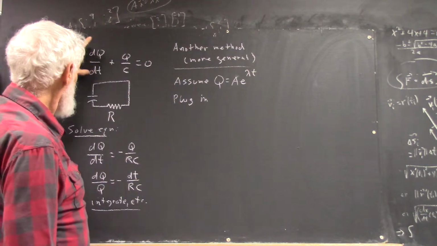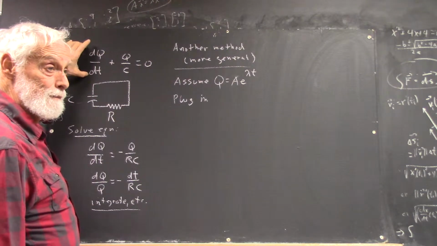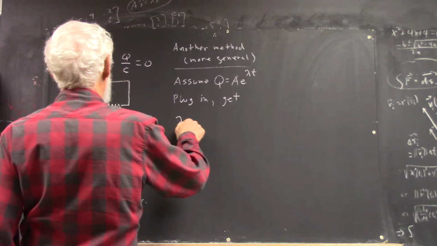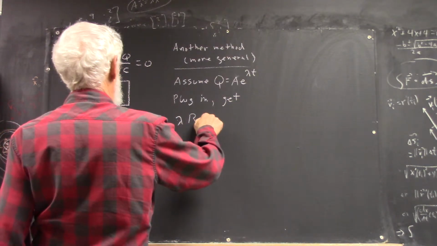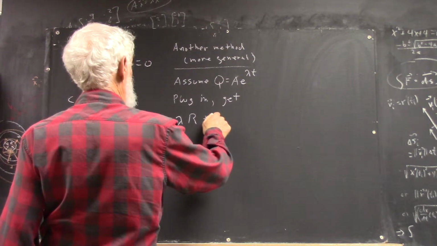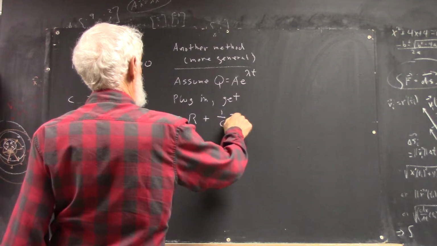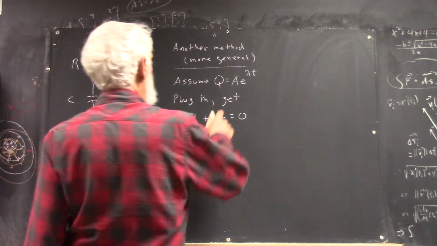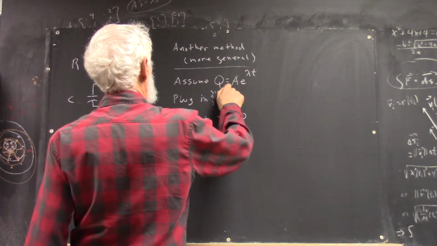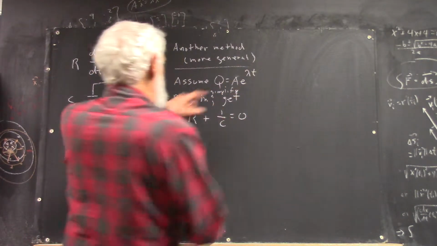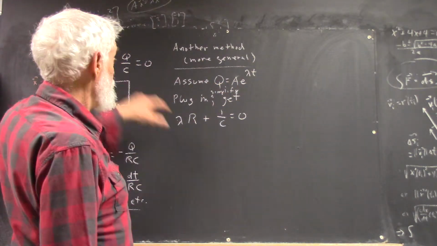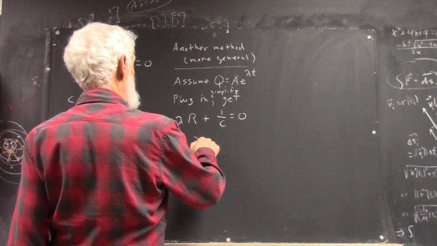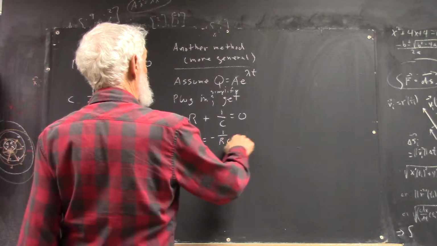You can divide the Ae^(λt) out of both sides, and you get λR plus 1 over C equals 0. Plug in, I should say, simplify. So you just do the derivative, put it here, and divide both sides by Ae^(λt). You get this, so that λ equals negative 1 over RC.